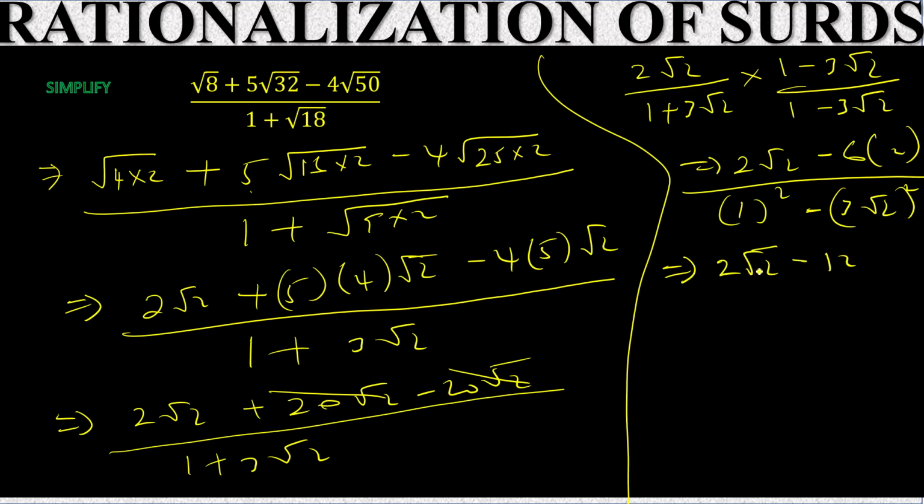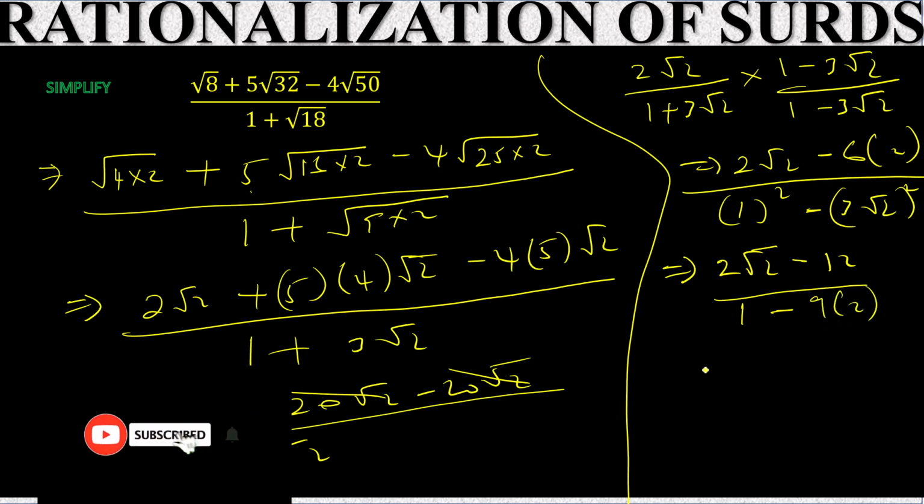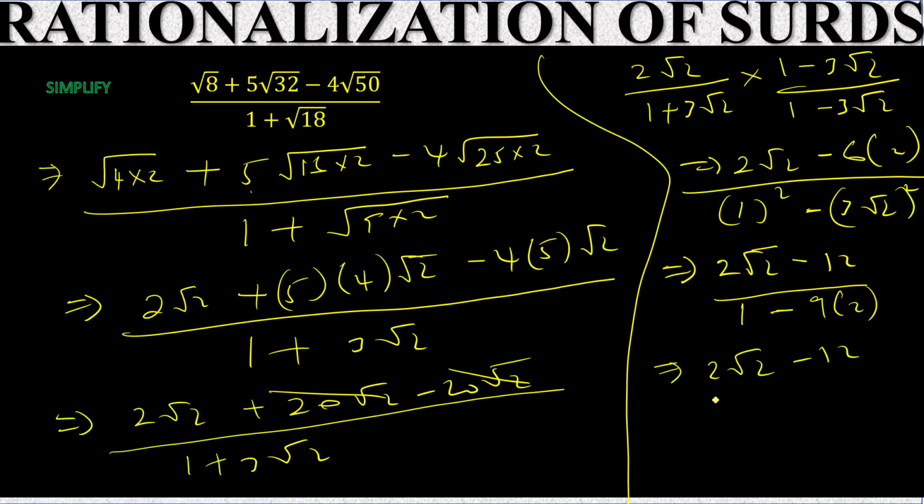Alright, so we have 2 root 2 minus 12 on, so the denominator will be 1 minus this squared, which will be 9. Then the root sign will go, so we have 9 times 2. So we have 2 root 2 minus 12 on 1 minus 18.